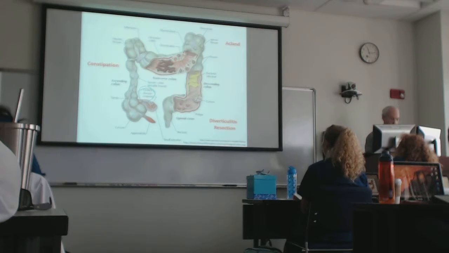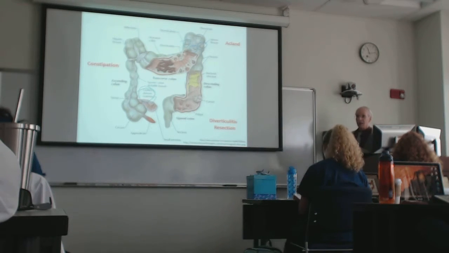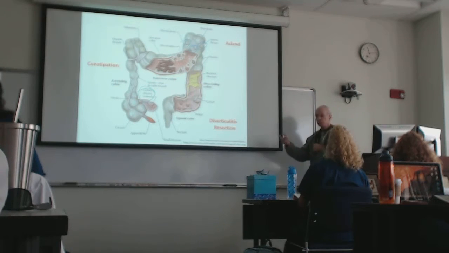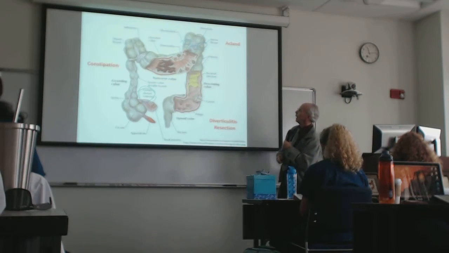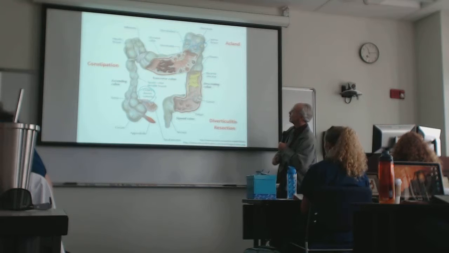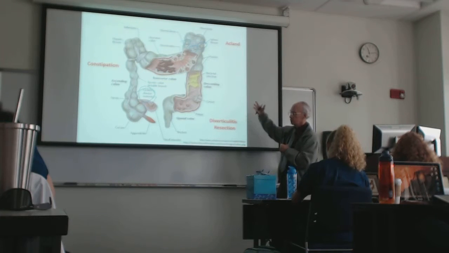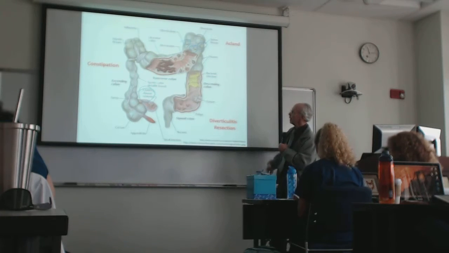We talked about the little pockets, these little pouches that emerge in the wall of the colon. Studies show that most of you have these already, and as you age, you're going to get more. These are little pouches that can sometimes catch the debris that's accumulating in the colon.